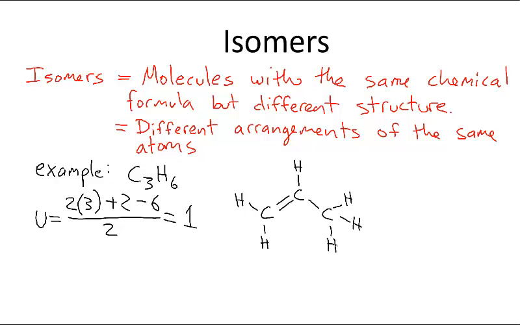What's another way I could have an unsaturation number of 1? A ring. So those would be 2 isomers with the formula C3H6.